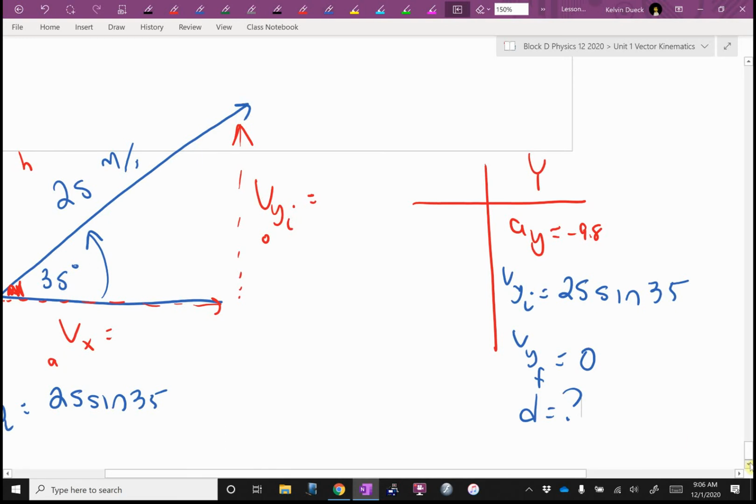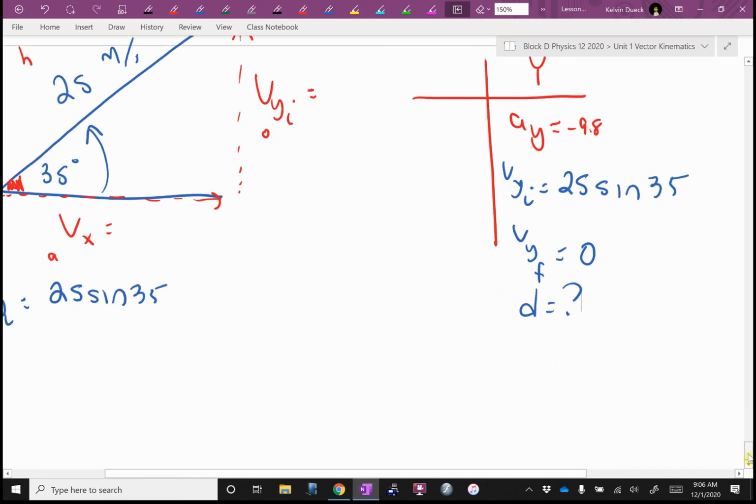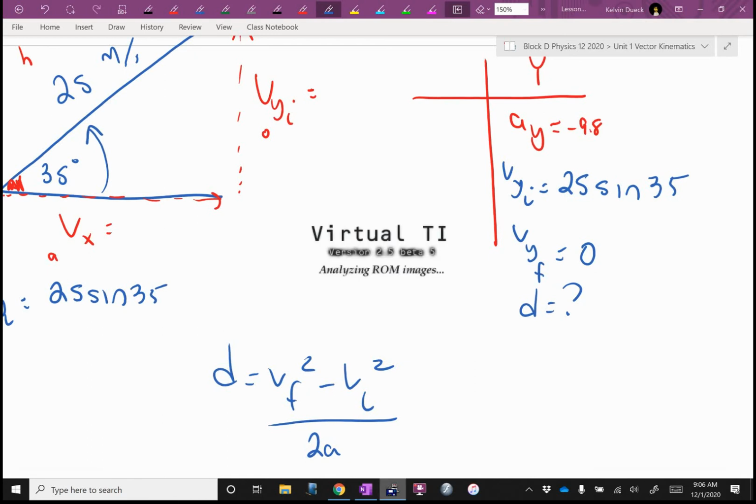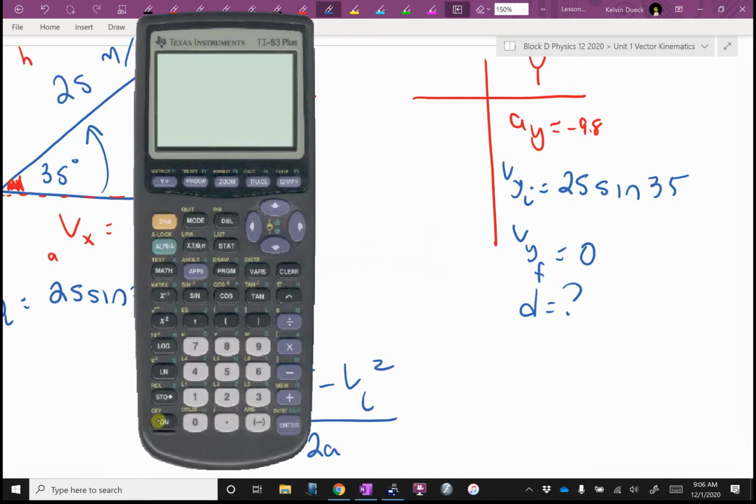Which equation? No, I don't know T. I can use VF squared. I can go D equals VF squared minus VI squared all over 2A. So here's what I think I would do because I'm lazy, but I want to be accurate. I would first of all go 25 sine 35, and get Vy initial stored on my calculator.